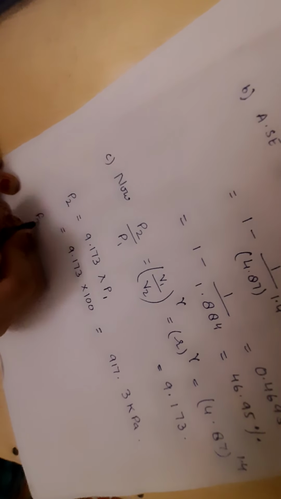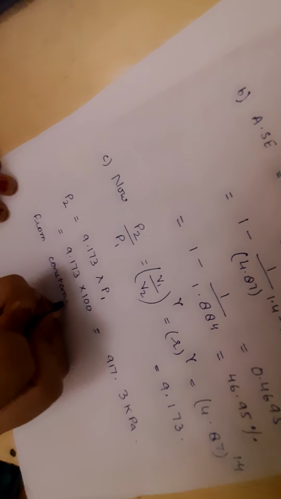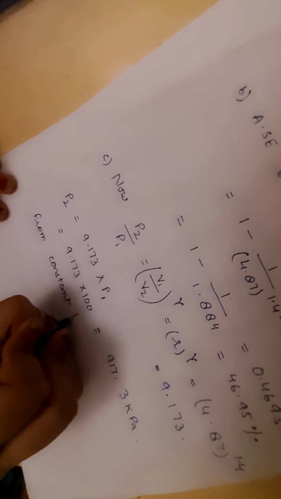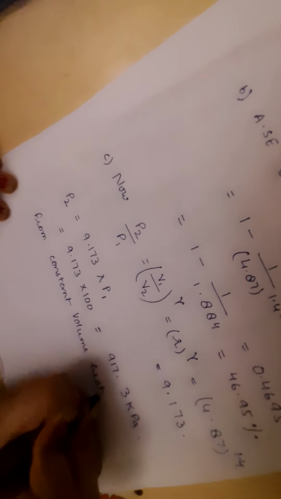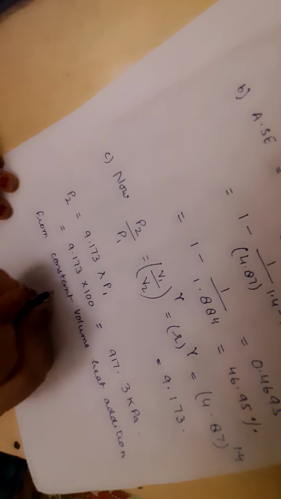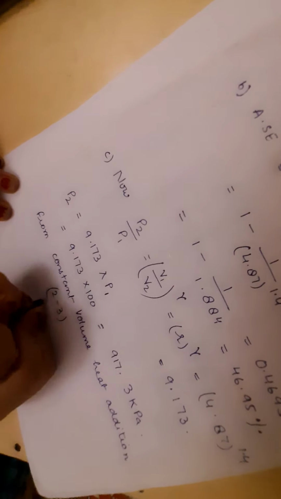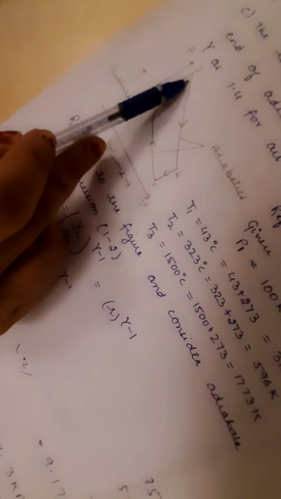Now from the constant volume heat addition, that is from the process 2 to 3, we can see in the diagram here, constant volume heat addition takes place from 2 to 3.